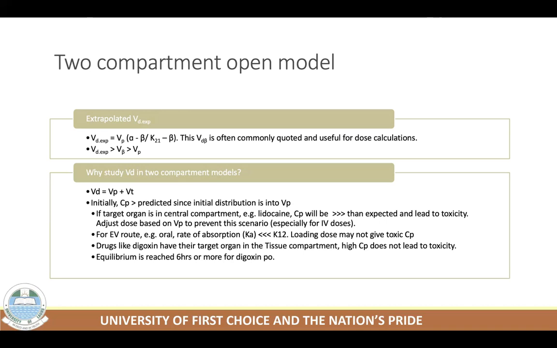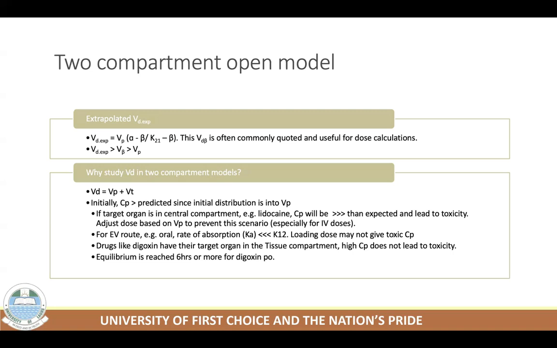It is only after equilibrium is reached between central compartment and tissue compartment that you will now be able to say that plasma concentration of digoxin is proportional to tissue concentration of digoxin.